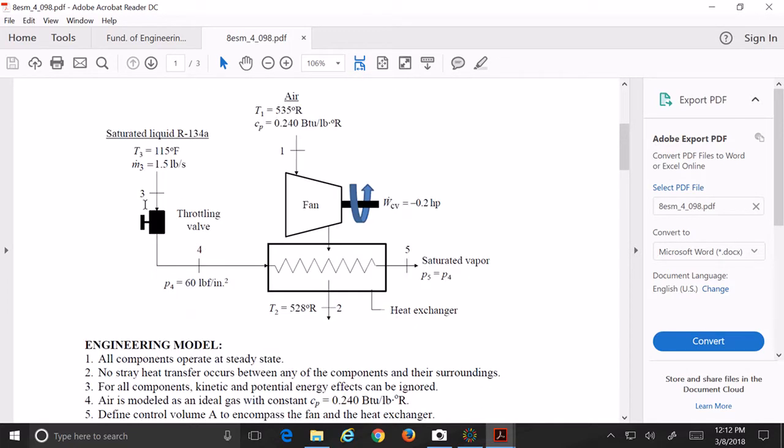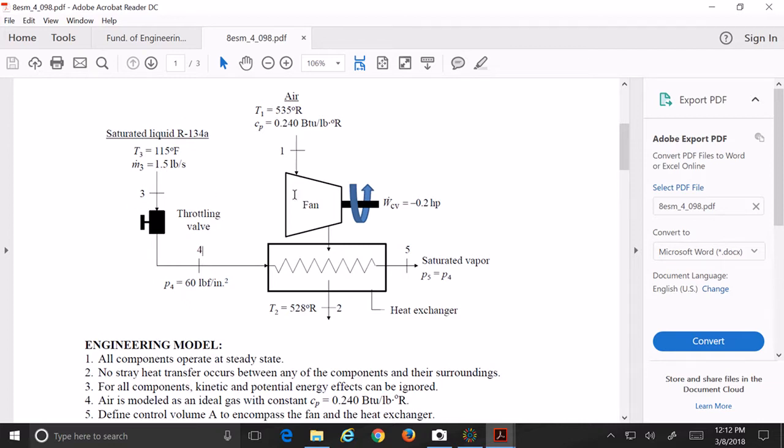So the fact that this is a throttling device is one assumption, and the system is isentropic. You need to say that h3 will be equal to h4.